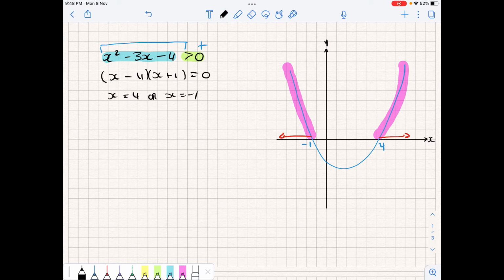And so to solve our inequality, x squared minus 3x minus 4 is greater than 0, we could say that that's when x is greater than 4, because if x is greater than 4, we have positive solutions. Or x must be less than negative 1, because when x is less than negative 1, we also get positive solutions, and that's what we're after.